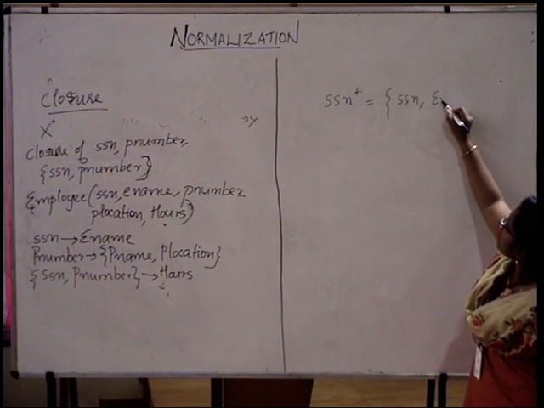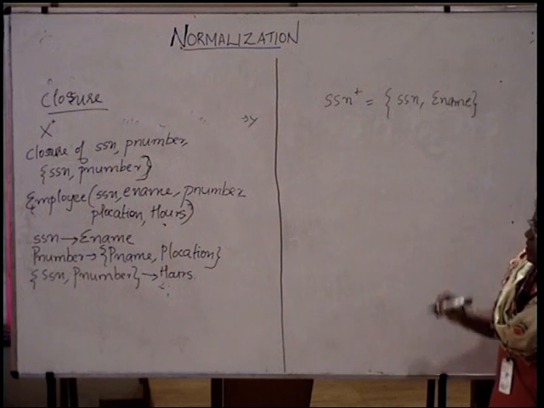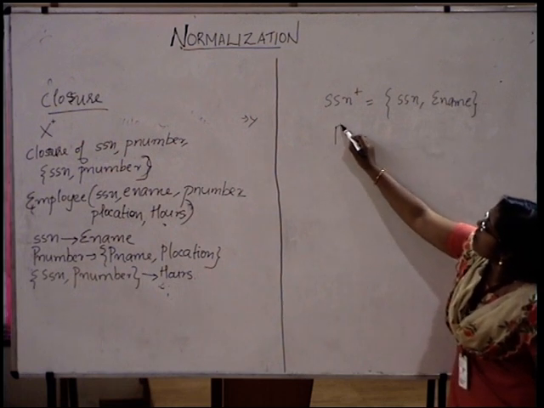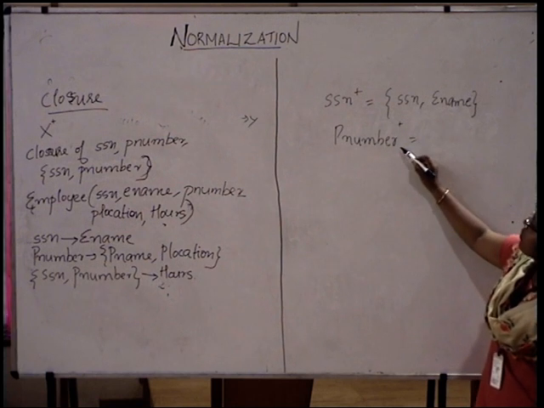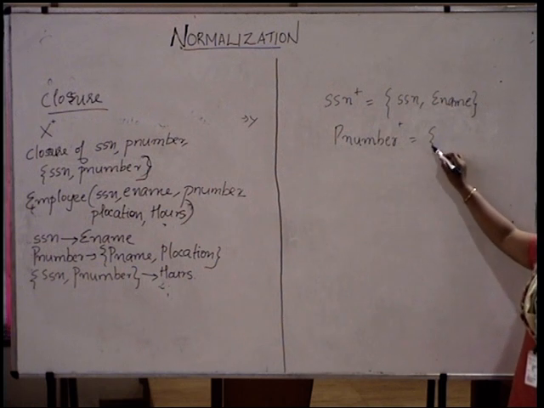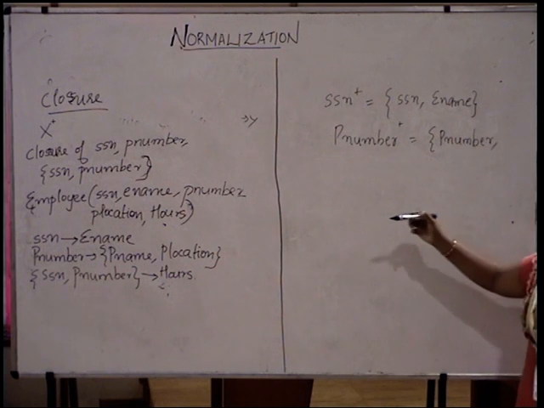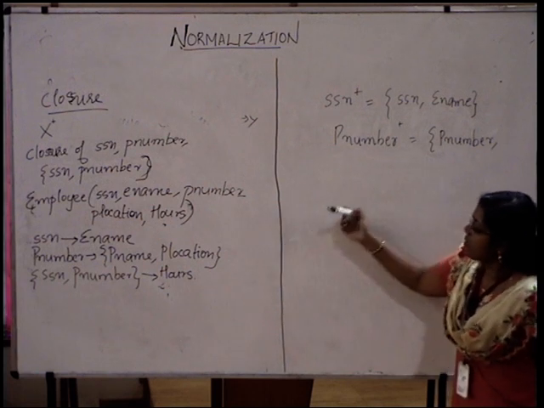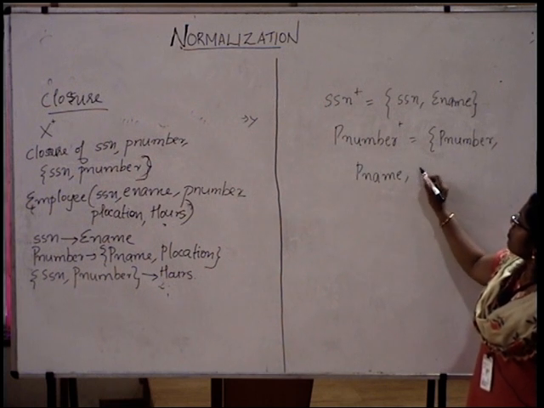So add E name. Okay, this is the closure of SSN. Next question is closure of P number. So P number plus, closure of P number is equal to include P number, then from the P number, P name and P location is there, add them also, P name, P location.